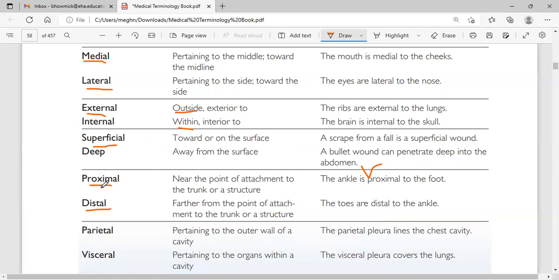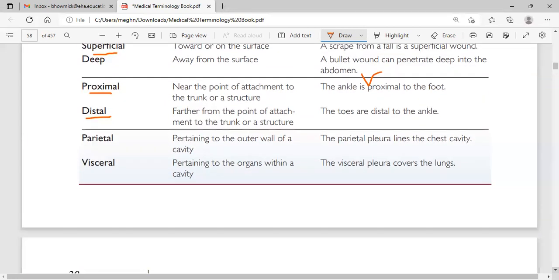What is proximal? Near the point of attachment to the trunk or a structure. The knee is proximal to the foot. Distal is farther from the point of attachment to the trunk or a structure. The toes are distal to the ankle.